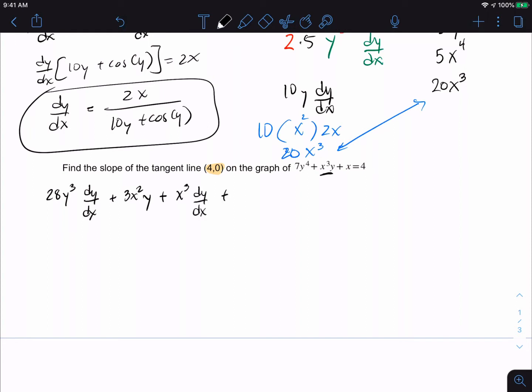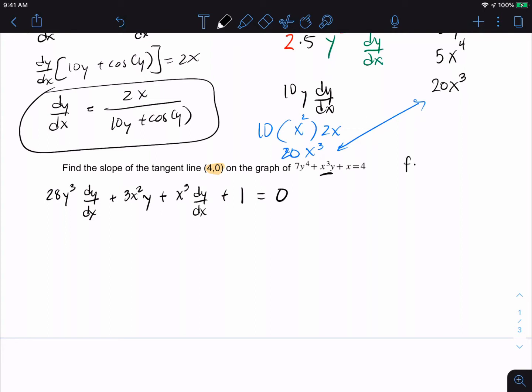The next term, now we're dealing with the x. What's the derivative of the x? It's got a 1. Yes, I'll write it out for you. And then what is the derivative of 4? 0. Perfect, it's 0. Okay, product rule.